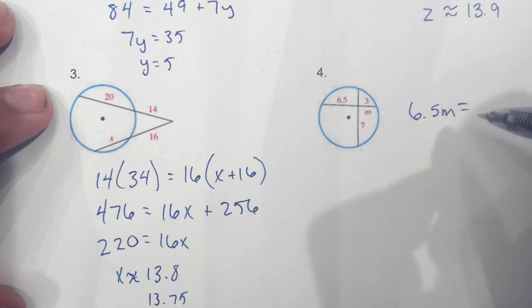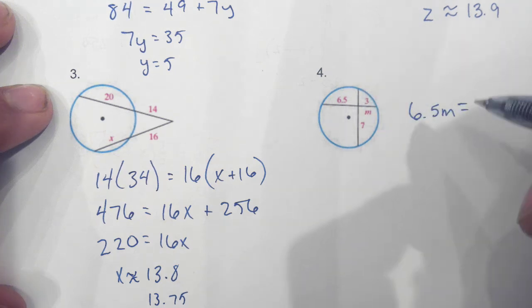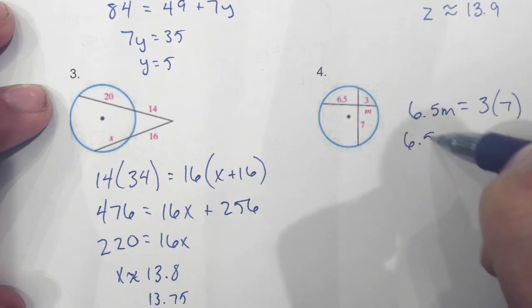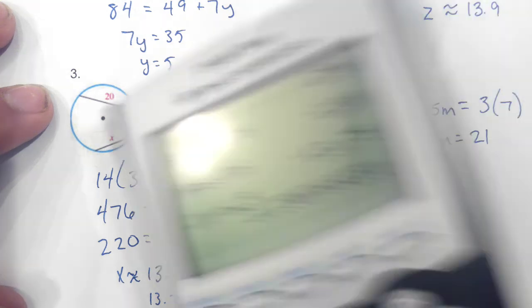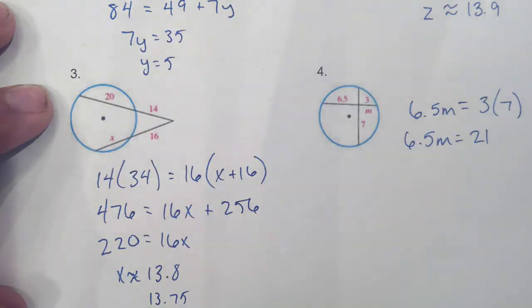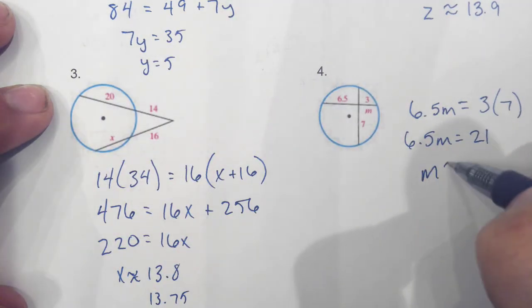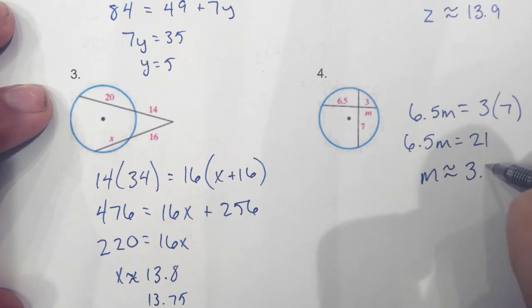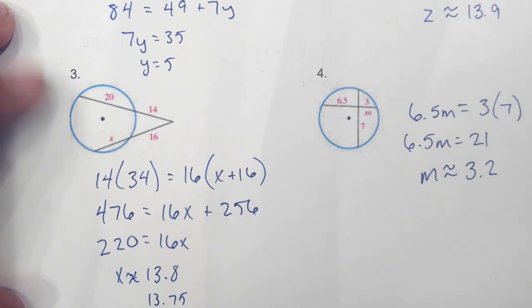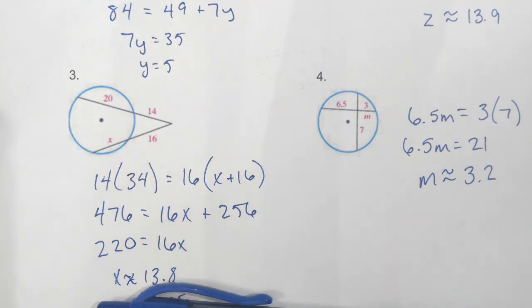I'm just going to say the 3 goes with the 7. So 6.5 m equals 21. Divide 21 by 6.5. And round that to the nearest tenth, 3.2. I'm not sure. That's a badly drawn picture. But anyway, you get the gist of it. You understand how to do it. So that's what's important.